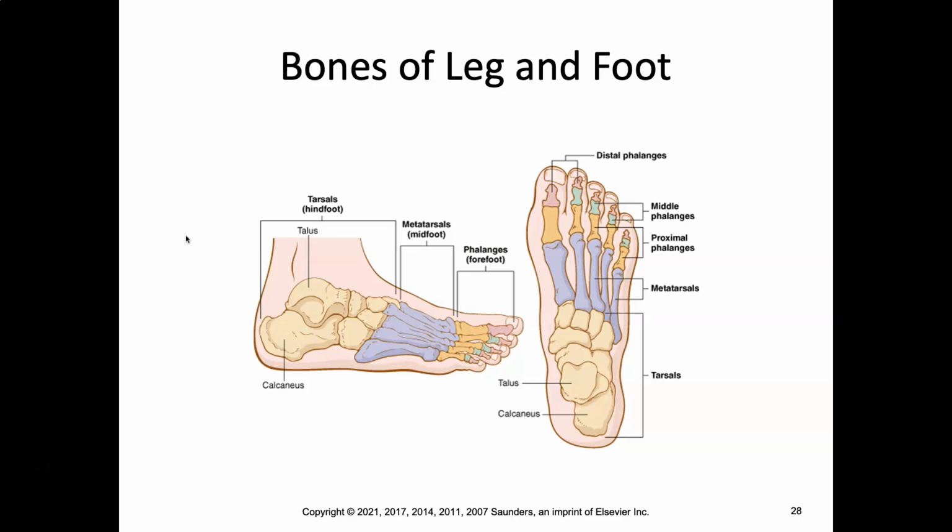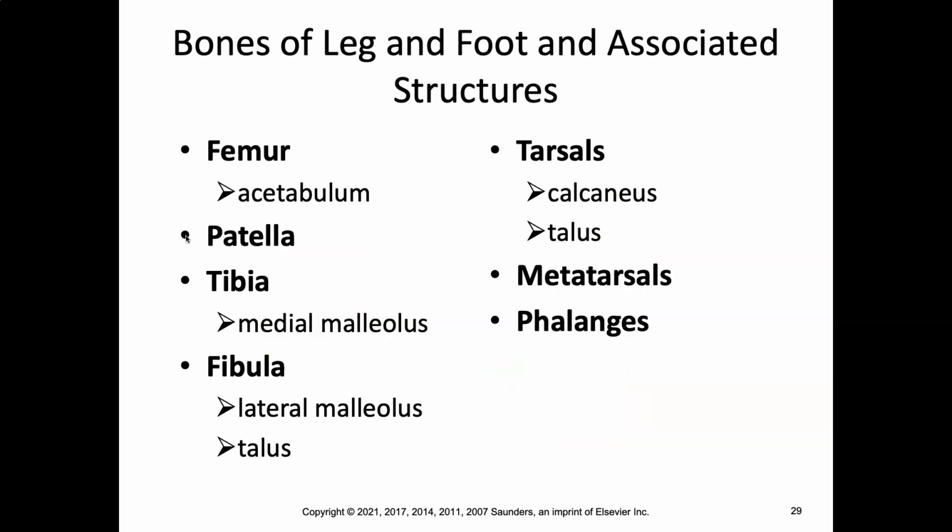Just something to keep in mind. And you can see how all this lays out. You have a femur, a patella, which is your knee bone, or your kneecap, if you think about it. Have you ever heard the phrase kneecap? That's your patella. Tibia, fibula, tarsals, metatarsals, phalanges.